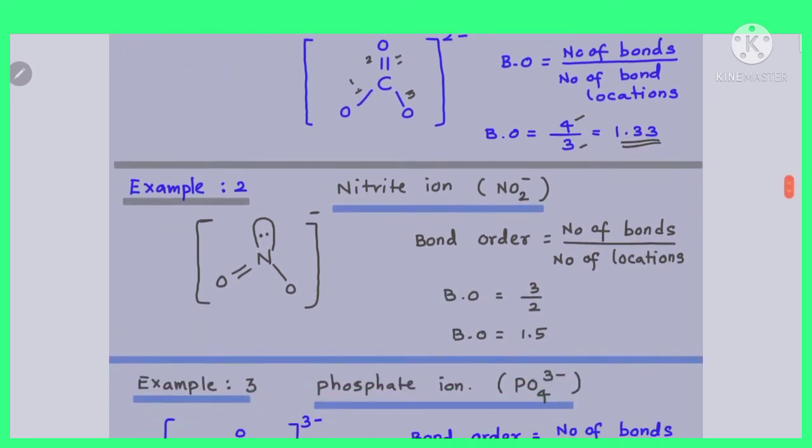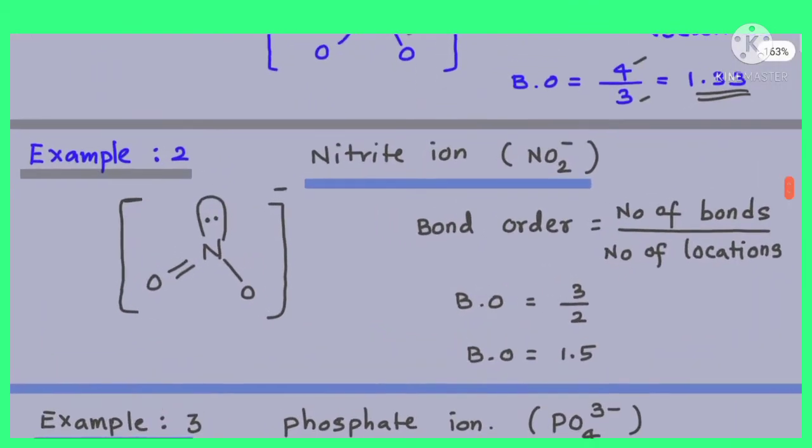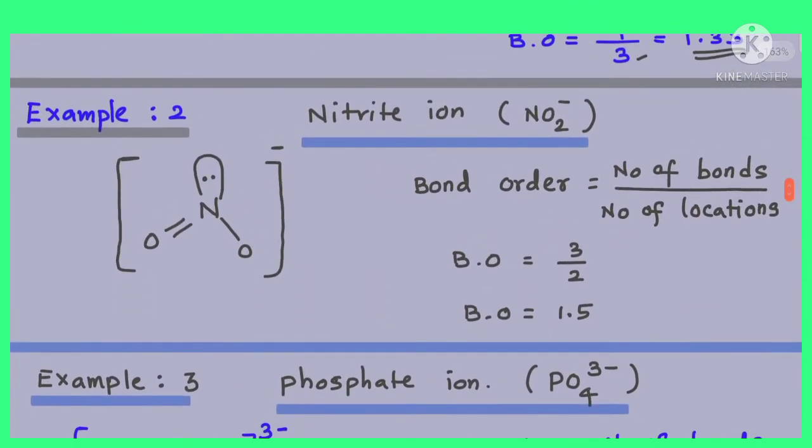Then the second example, the nitrite ion, NO2 minus. This is the structural formula of the nitrite ion. Between nitrogen and oxygen there is a double bond and a single bond, and nitrogen carries a lone pair also.